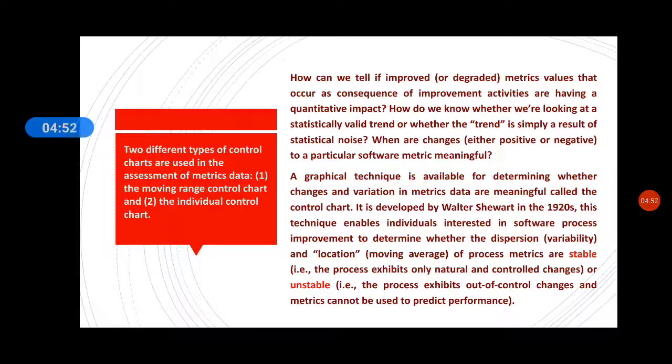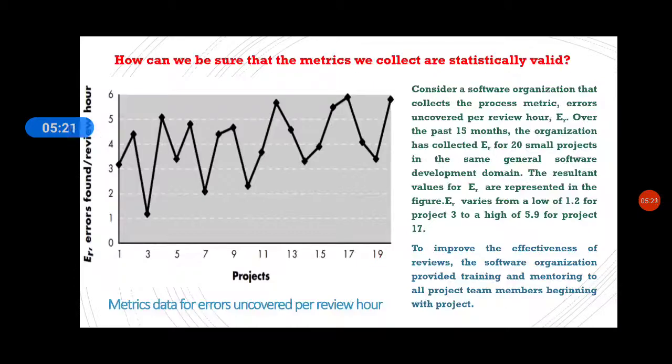It means the process which shows only natural or controlled modifications is represented as stable process metrics, whereas the process which shows out of control changes, and those changes cannot be predicted by its performance, is represented as unstable.